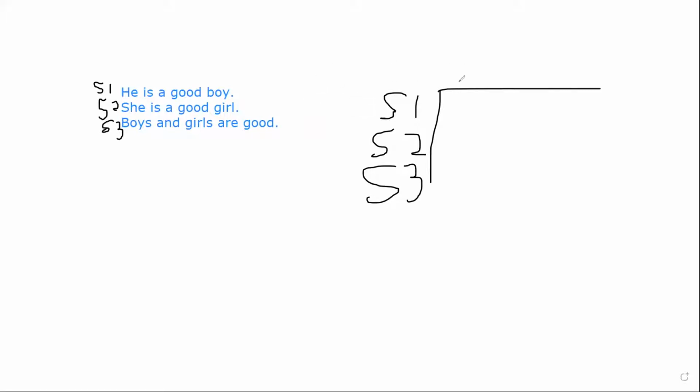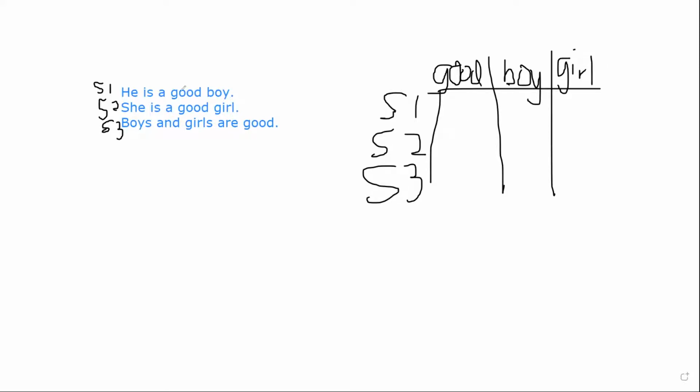The words we will be considering are good, boy, and girl. In sentence 1, good and boy occur once. In the second sentence we have good and girl. Then we have boys, girls are good.